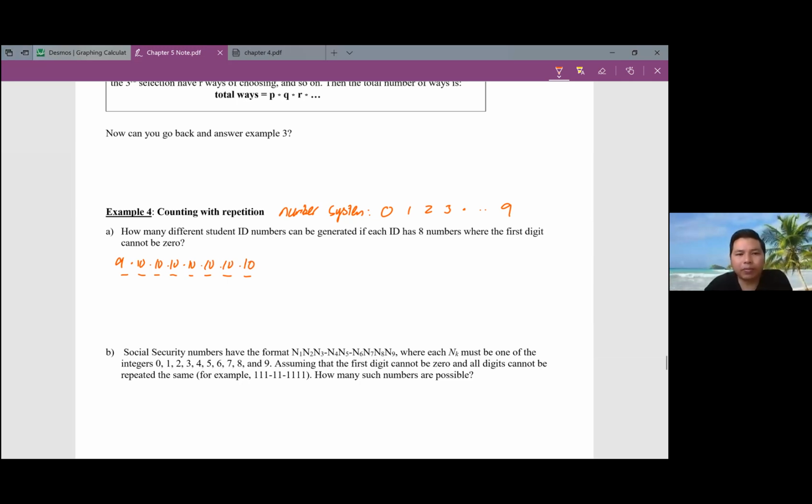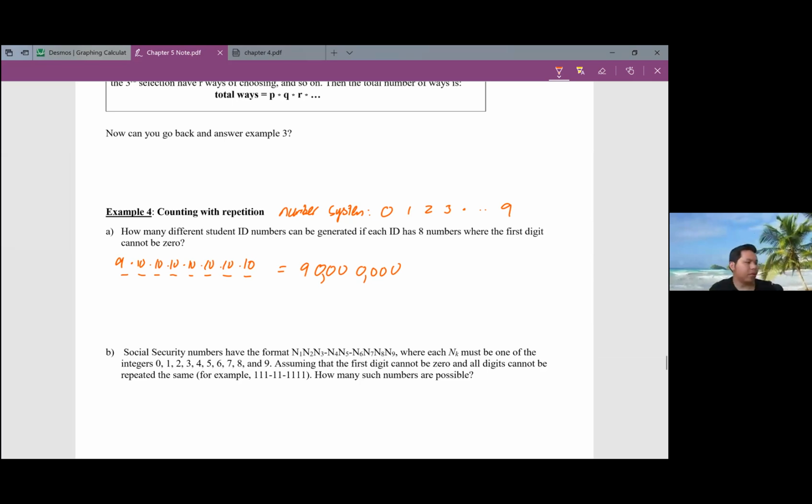Is everyone okay with Matthew's answer? That's the correct answer: 9 followed by seven 0s.